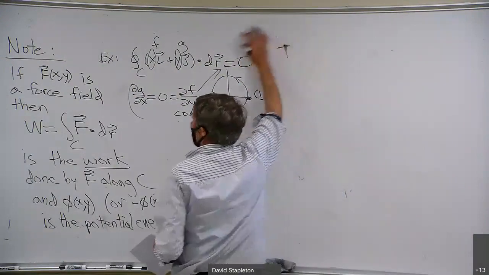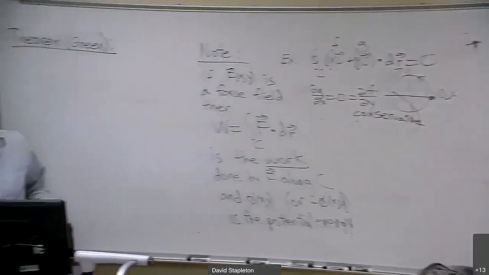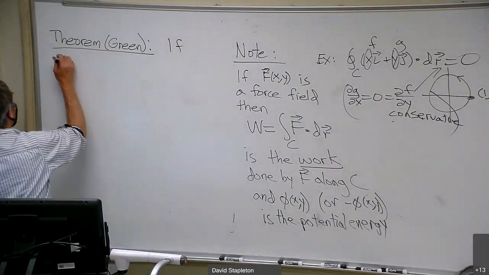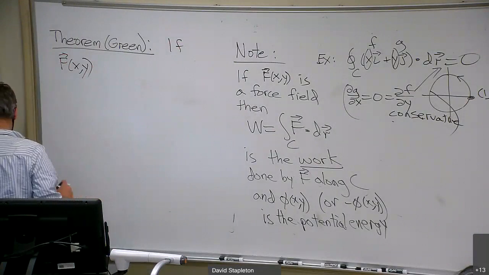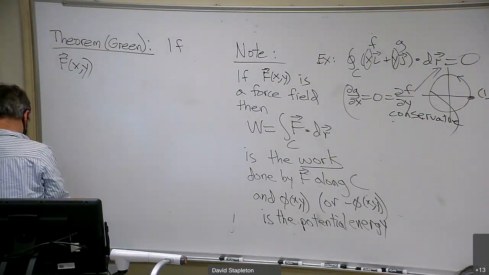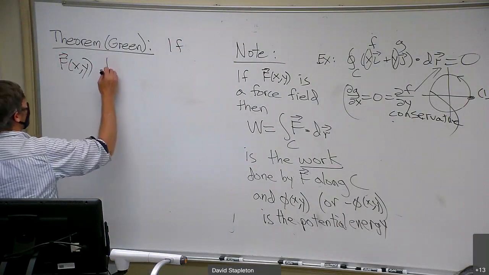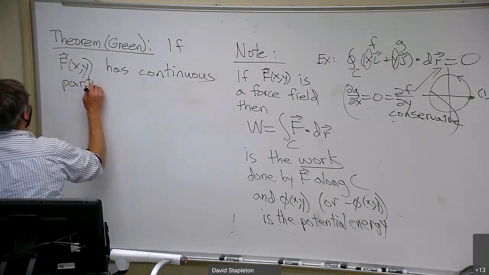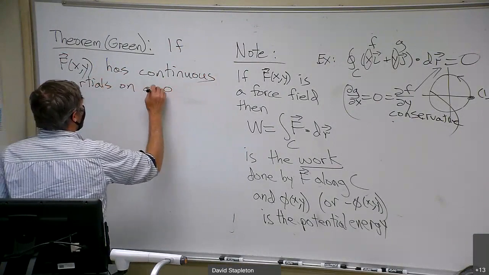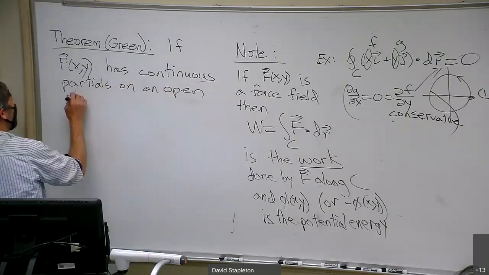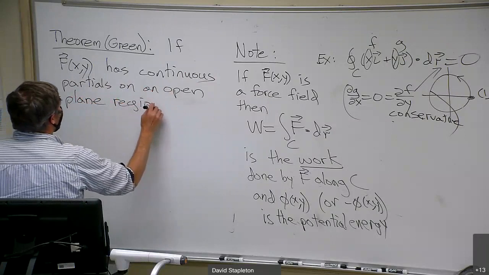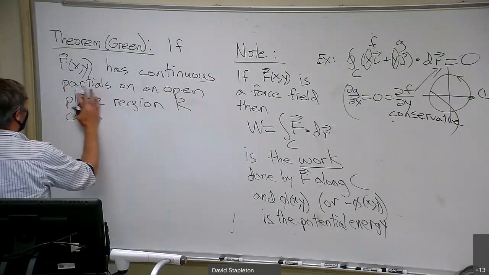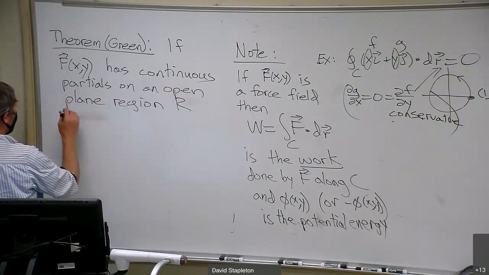Hold on. So now here's Green's theorem. Let's start right here. F of x, y has continuous partials on an open region R containing C, that is simply connected.